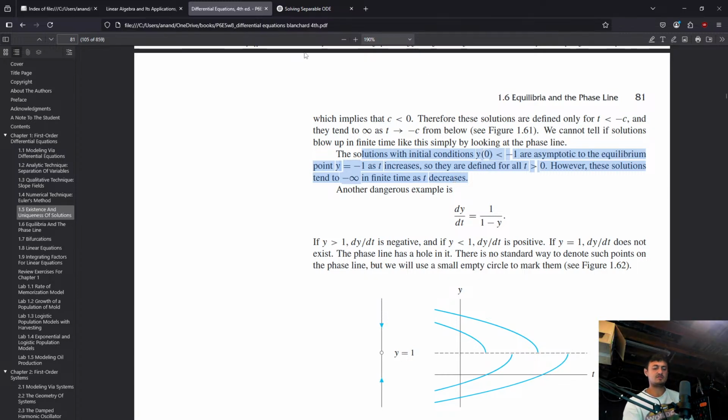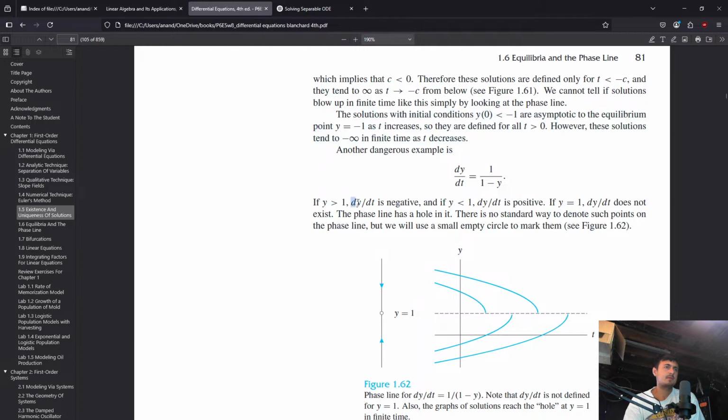Okay, whatever. Let's just try the other example. dy/dt is equal to 1 over 1 minus y. If y is greater than 1, okay, so for y greater than 1, y dot is less than 0.